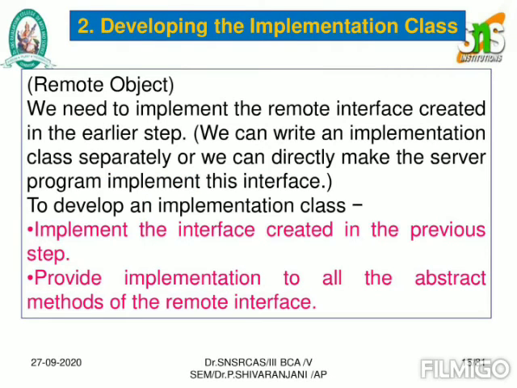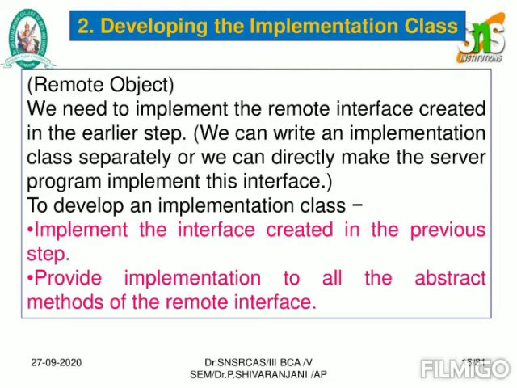And the second step is you have to develop the implementation classes. We need to implement the remote interface created in the earlier step. We can write an implementation class separately, or we can directly make the server program implement this interface.